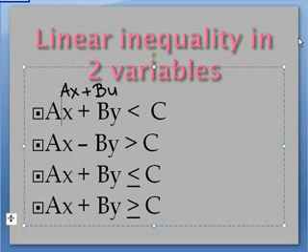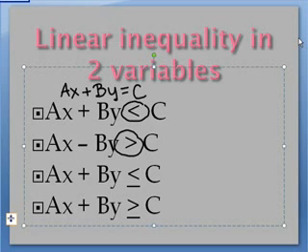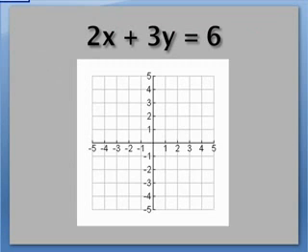The only difference is now for inequalities, instead of an equal sign, you have an inequality sign. It could be a less than, a greater than, a less than or equal to, or a greater than or equal to. Okay, so we have to look at how to graph those.